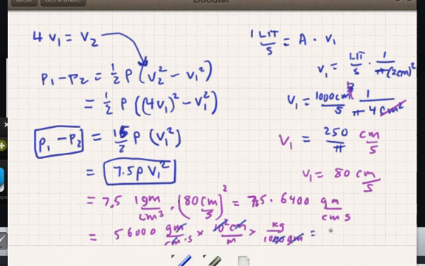So we get 5,600 kilograms per meter second squared, which you can convince yourself is a Newton per meter squared. So 5,600 newtons per meter squared is the difference in pressure.